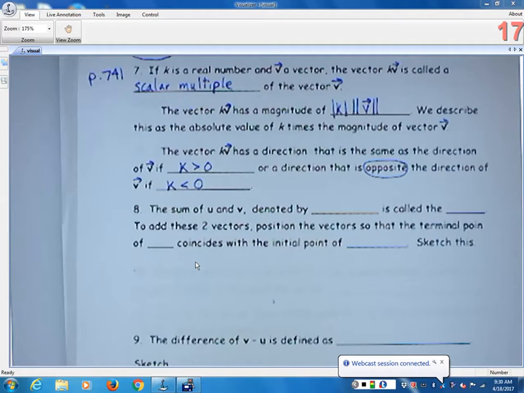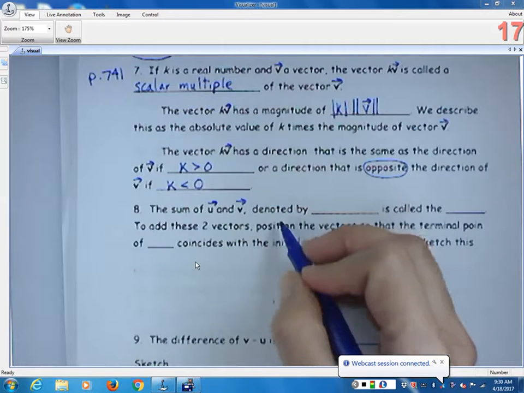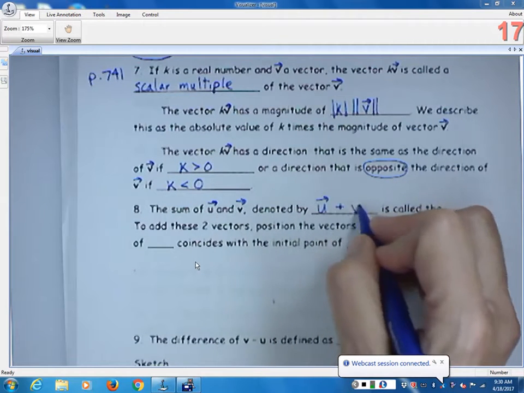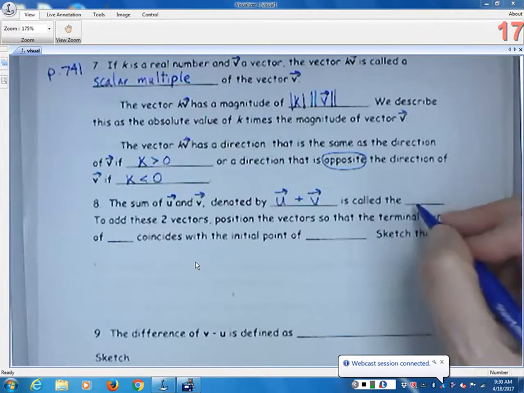The sum of u and v, denoted by u plus v, is called the resultant vector.